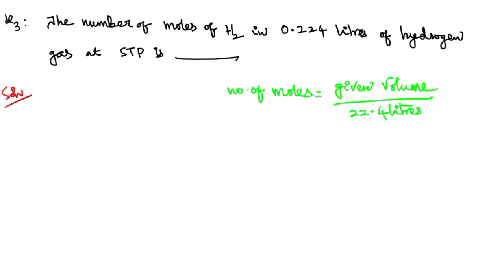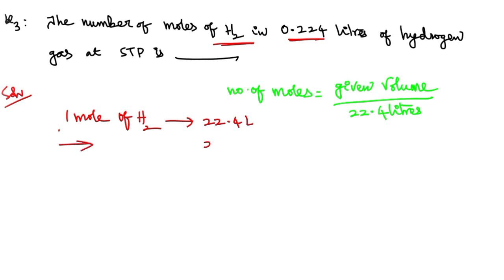One more question is here, the number of moles of hydrogen gas in 0.224 liters of hydrogen gas at STP. 1 mole of hydrogen gas occupies 22.4 liters. So how many moles occupy 0.224 liters?